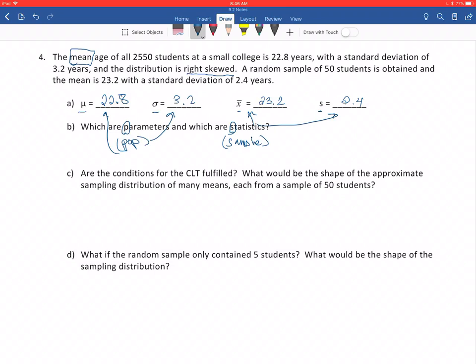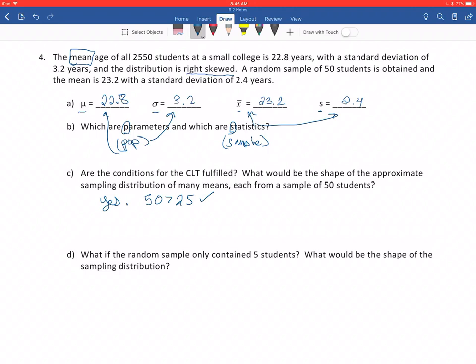Are the conditions for the CLT fulfilled? And what would be the shape of the approximate sampling distribution of many means, each from a sample of 50 students? So here I would say yes, the conditions for the CLT are met because the sample was large enough. That's the only one we really have to check.